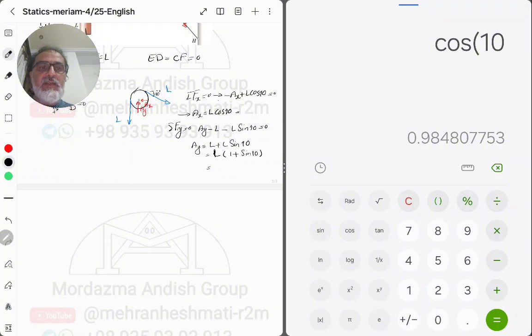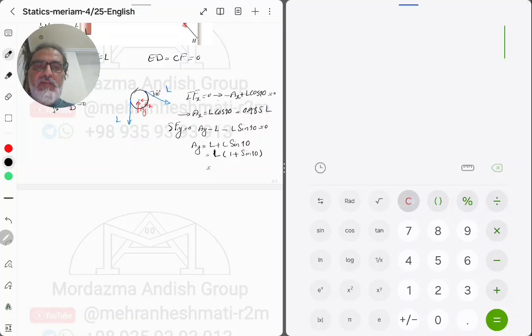Cosine 10 means 0.985 L, and sine of 10 means 1.174 L.